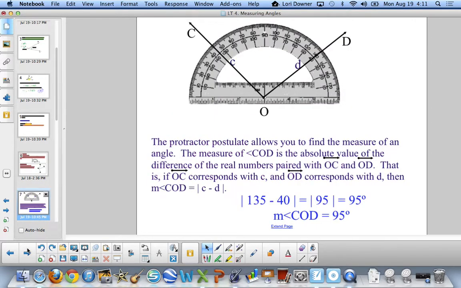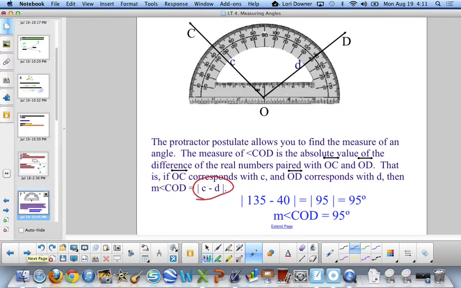The protractor postulate allows you to find the measure of an angle. The measure of angle COD is the absolute value of the difference of the real numbers paired with ray OC and ray OD. That is, if ray OC corresponds with C and ray OD corresponds with D, then the measure of angle COD is going to be the absolute value of the difference between the two.